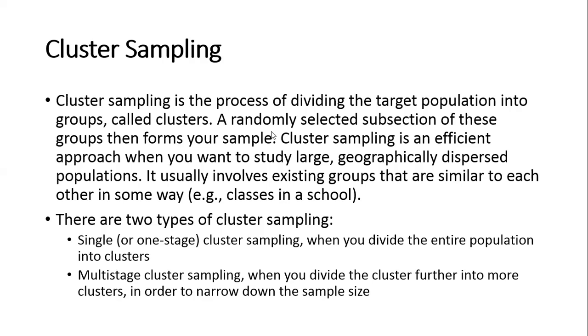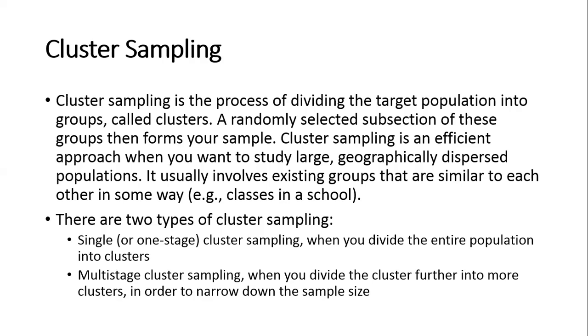So when you use that kind of method of breaking the country into geopolitical zones and picking a state from there, that's a typical example of cluster sampling. Because by separating into 6 geopolitical zones, you have separated them into clusters.